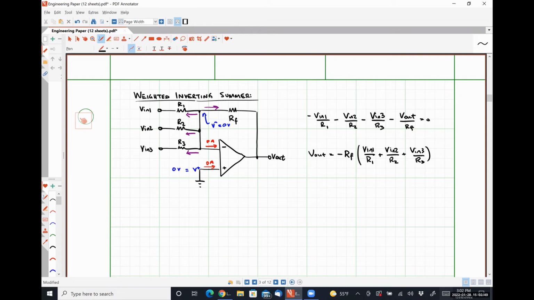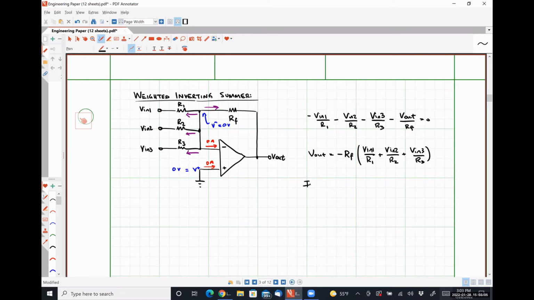Okay. We can change this from a weighted inverting summer to just an inverting summer by making R1, R2, and R3 the same value. Okay.